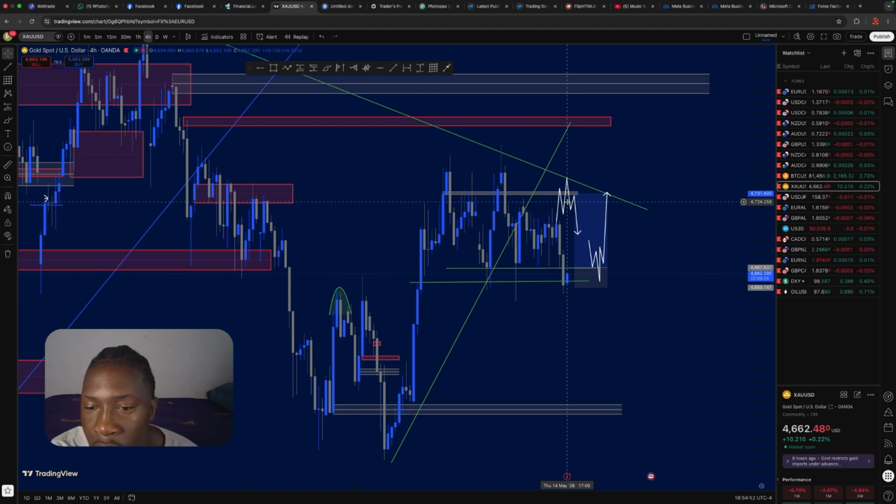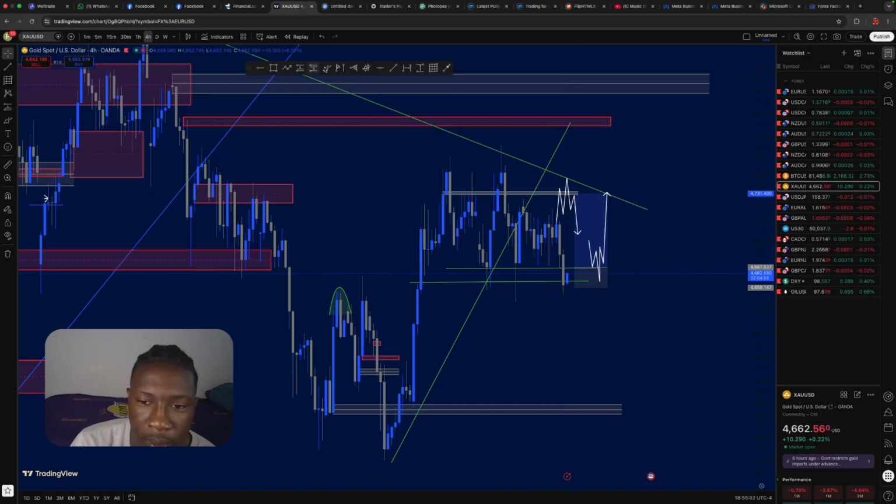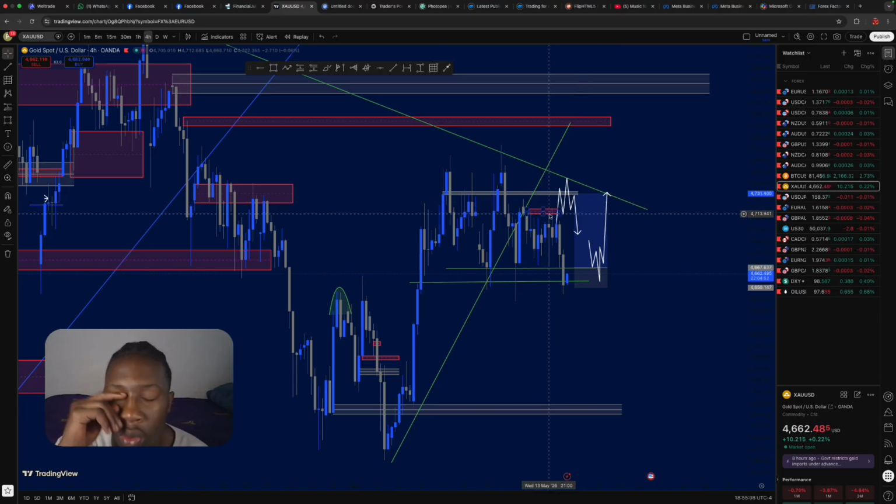And then I was looking also for an upward movement to clear the liquidity which is above this area, but it gave me a wick. So I said no, if it is doing this, I'm going to play another game.